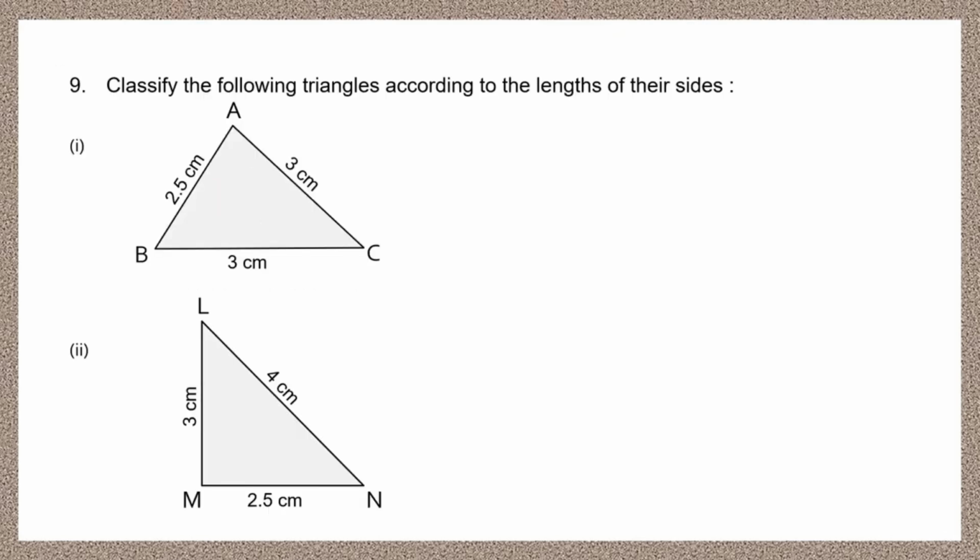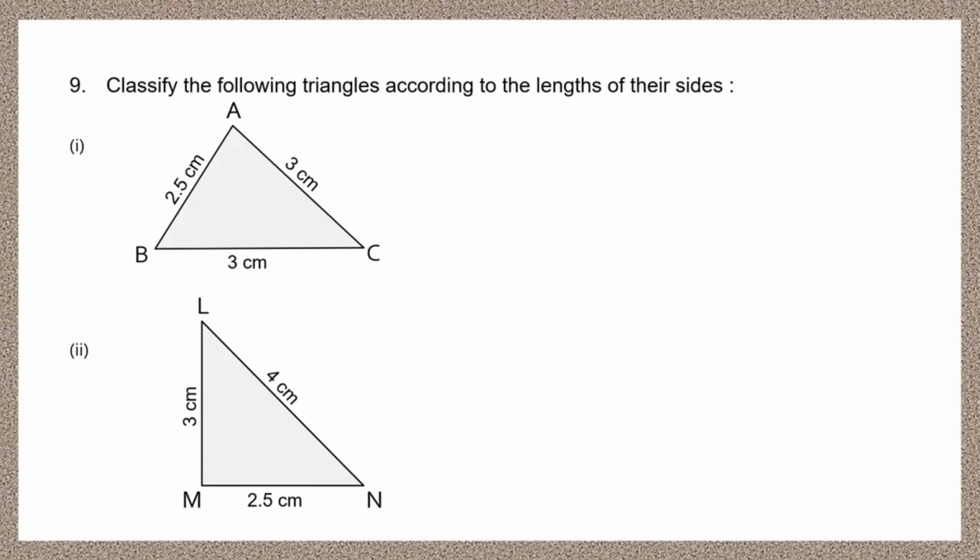Classify the following triangles according to the lengths of their sides. Now this one is based on their sides. See, there are no angles here. We have only mentioned the length of the sides, and the unit is centimeters.